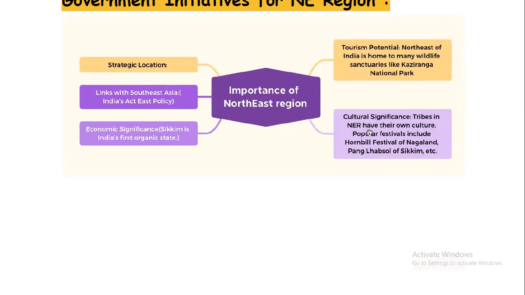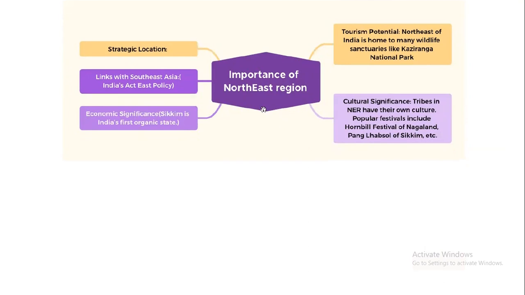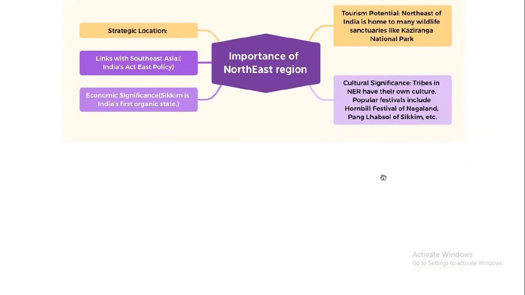Tribes in the northeastern region have their own very rich culture and popular festivals, like the Hornbill Festival of Nagaland, known as the Festival of Festivals. Similarly, in Sikkim, different festivals are conducted. Even in every northeastern state, the tribes have their own festivals. So these are the importance of the northeastern region.